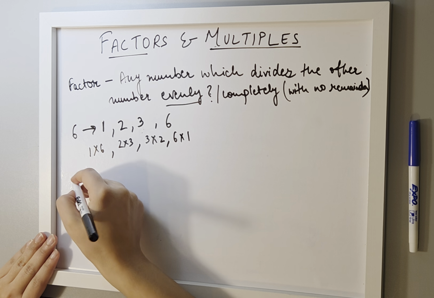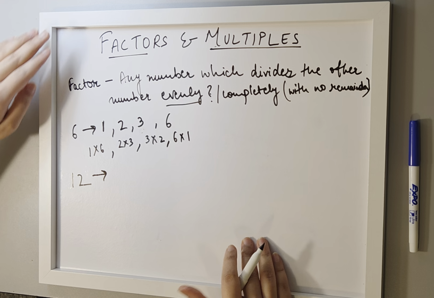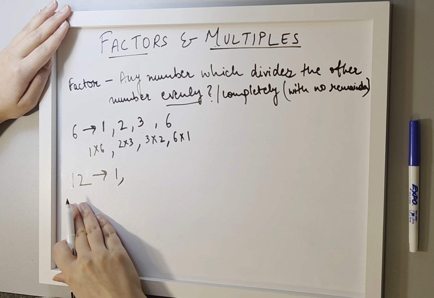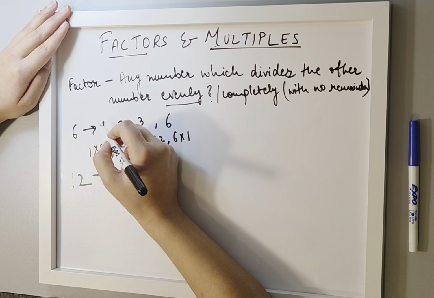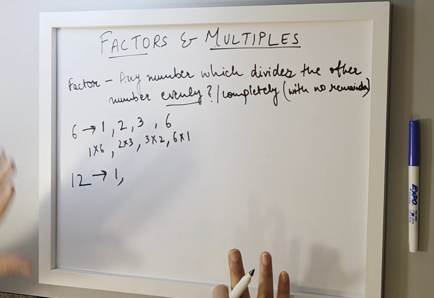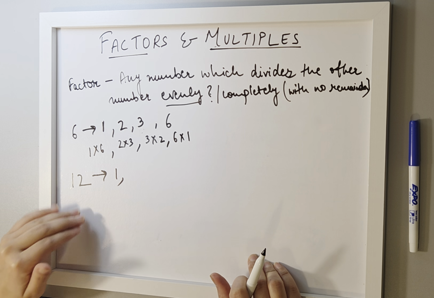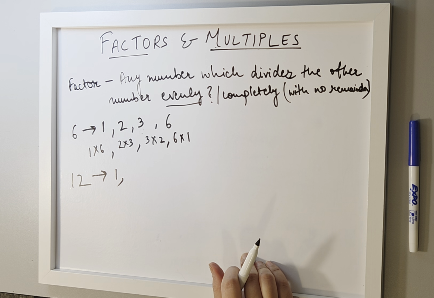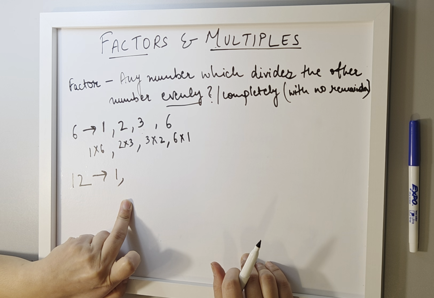Okay, so let's take another example. Let's say 12. Again, 1 into 12 is 12. So we can see 1 will always be a factor of any number, because 1 multiplied by the number itself will give us the number. Another thing we can know is that if it is an even number, 2 will definitely be a factor as well.